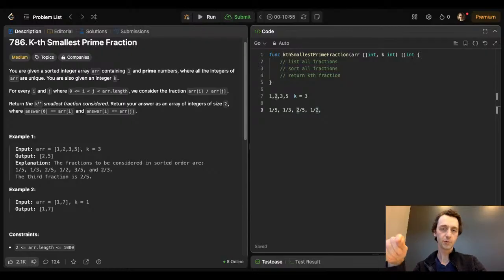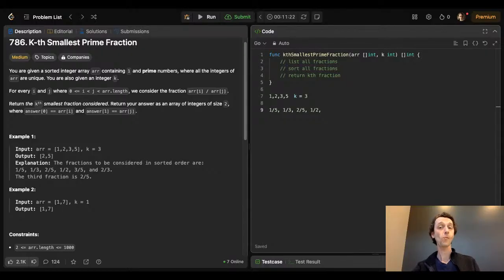We need to go over them. My feeling is we can't just guess. If we take a guess, we need to be able to prove it. I mean, binary search is guessing.